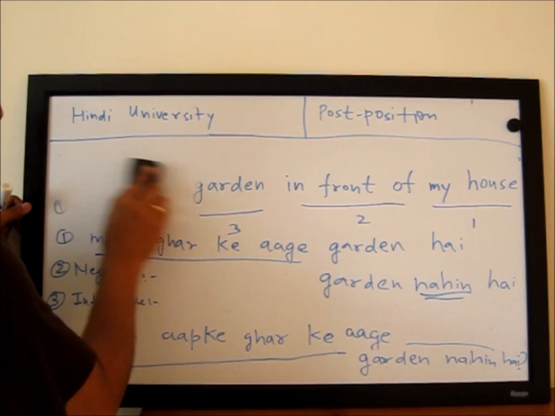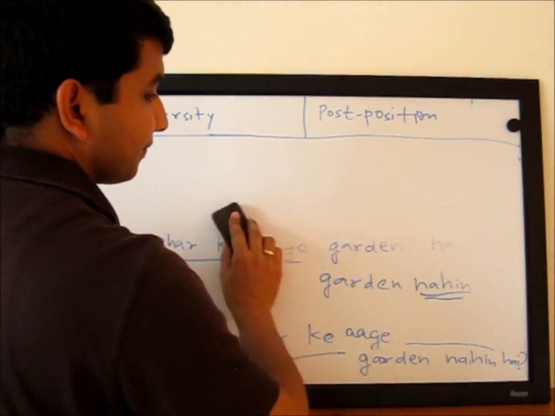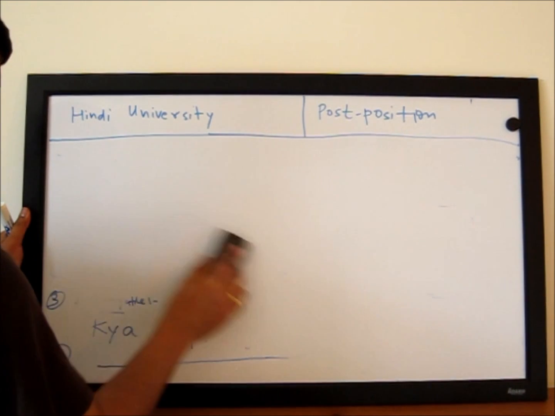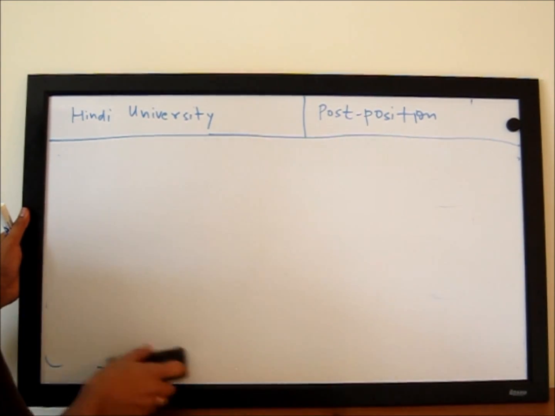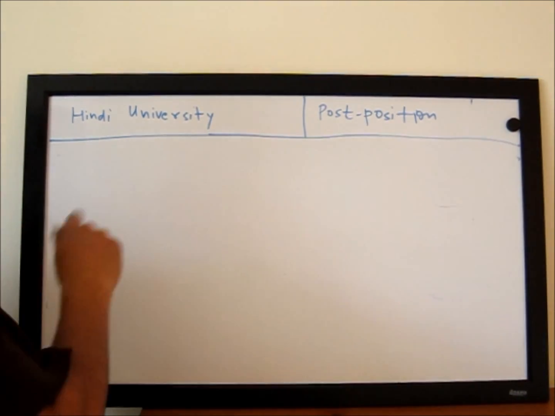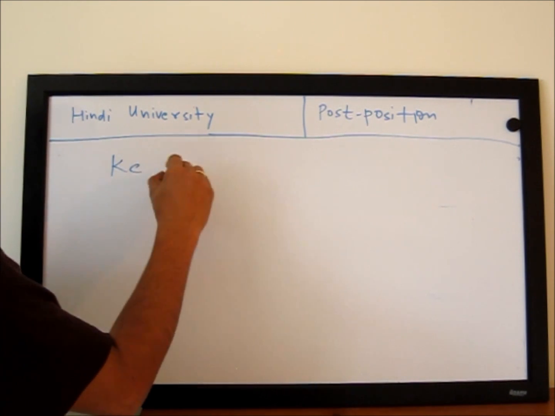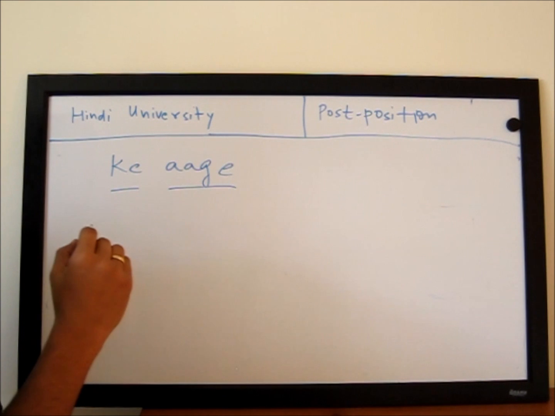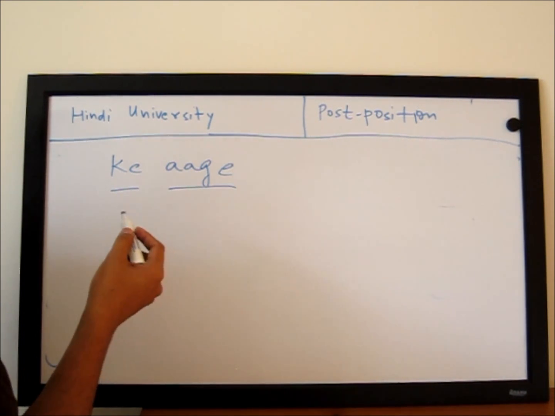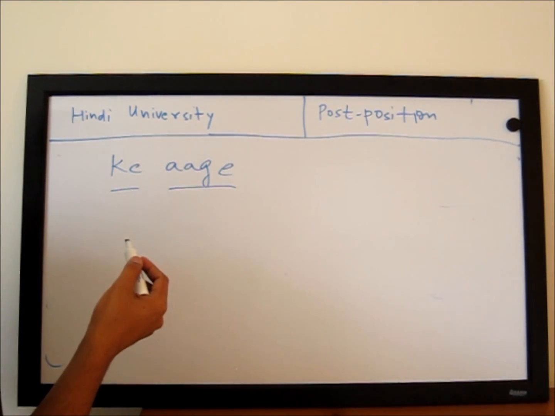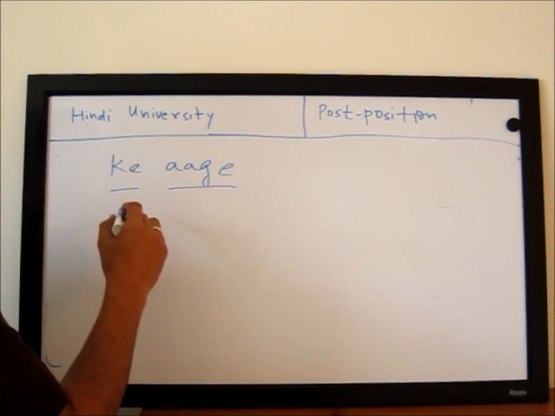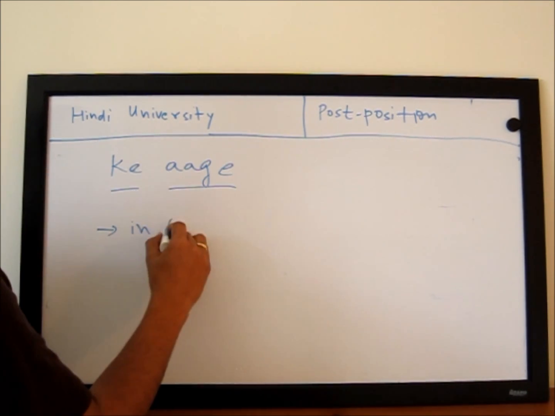Again, to revise the whole class, के आगे is a postposition, and it can be used after a noun or a pronoun. के आगे is "in front of."